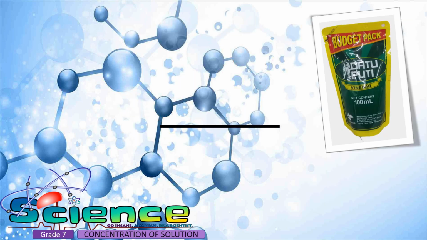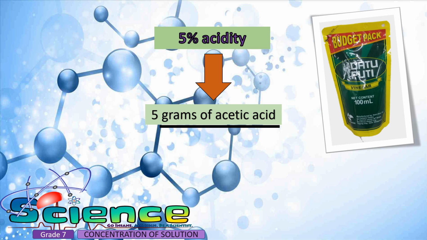Vinegar is labeled as 5% acidity, which means it contains 5 grams of acetic acid in 100 grams of vinegar.